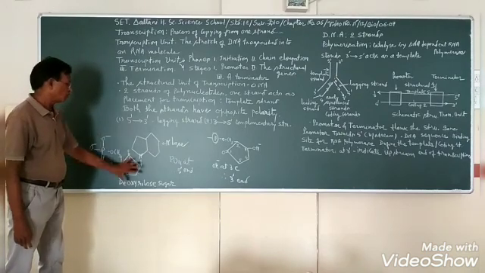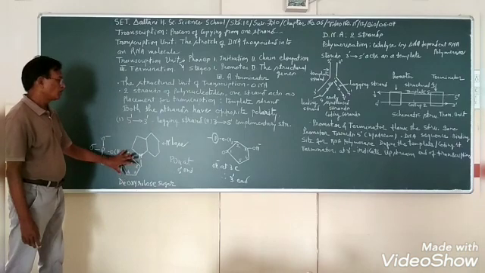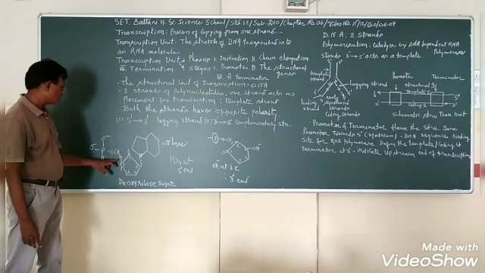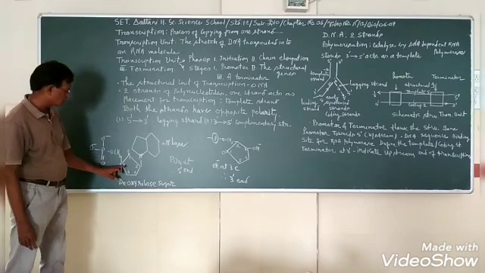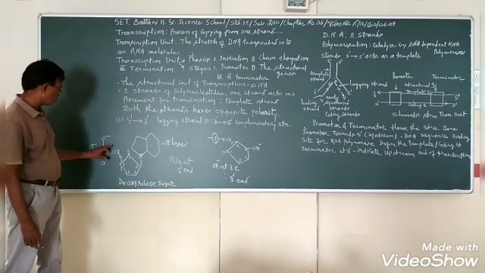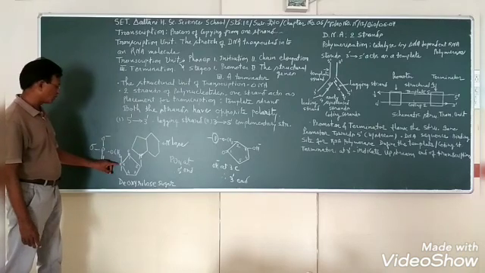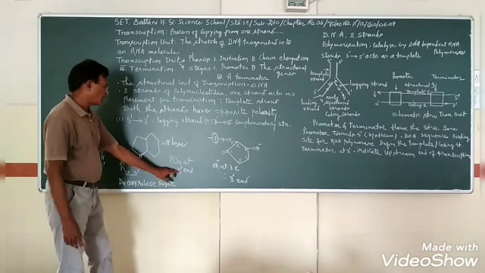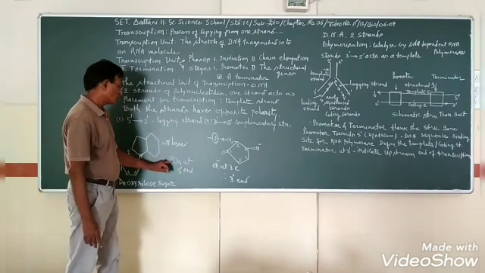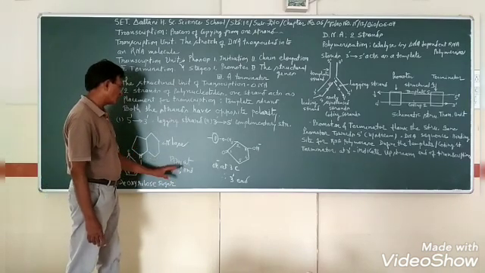So all are nucleotides. You may see that on the 5th carbon of the deoxyribose sugar there is a phosphate group. That is why this end is called the 5 prime end, because the phosphate group is at the 5th carbon of the deoxyribose sugar.